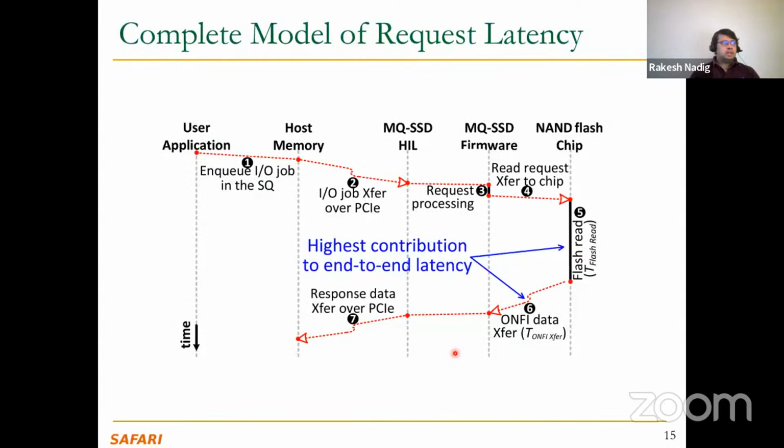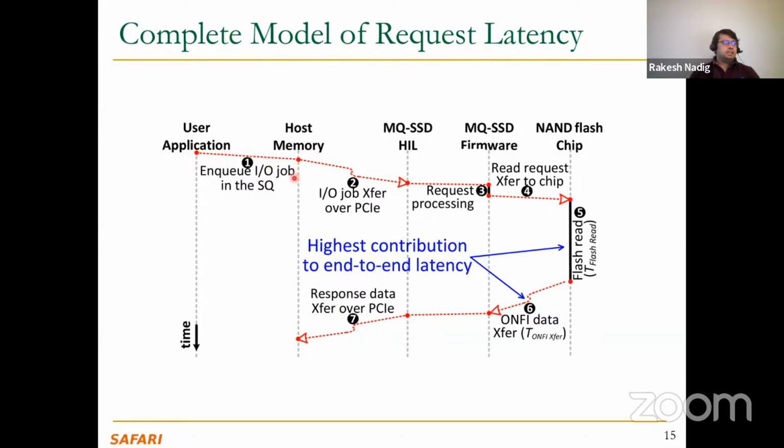So now let's look at the complete model of request latency. In this, we have taken a small 4K read request from the host to the backend, and we'll see how MQSim models the latency at each stage of the request processing. Let's say a user application sends a read request for 4 kilobytes.